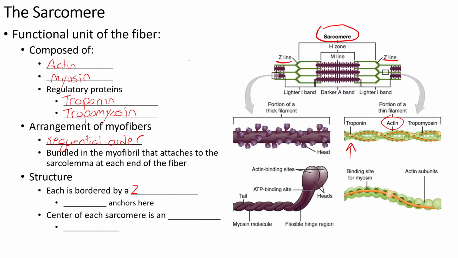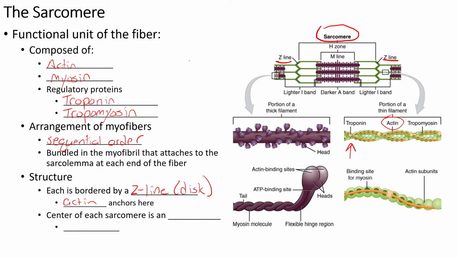Some people call it the Z disc because it is a three-dimensional structure. But that's basically the end. So when you go from a Z line to a Z line, you are talking about a sarcomere. And this is where the actin anchors. So attached to the Z line, we have the actin itself.